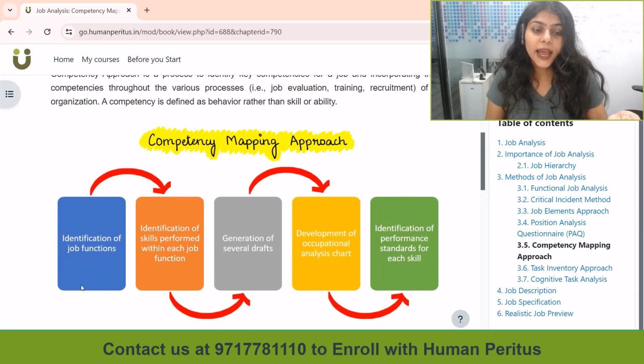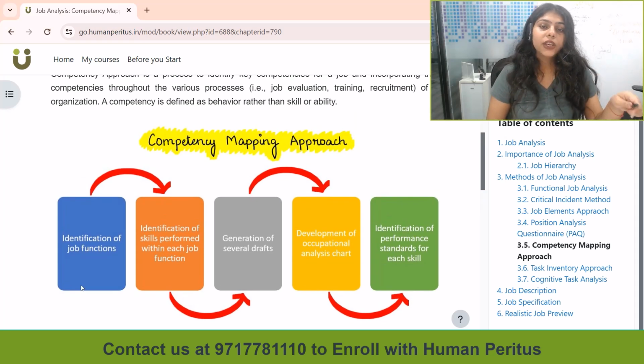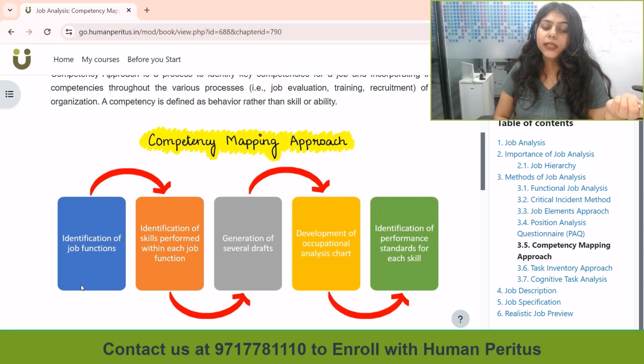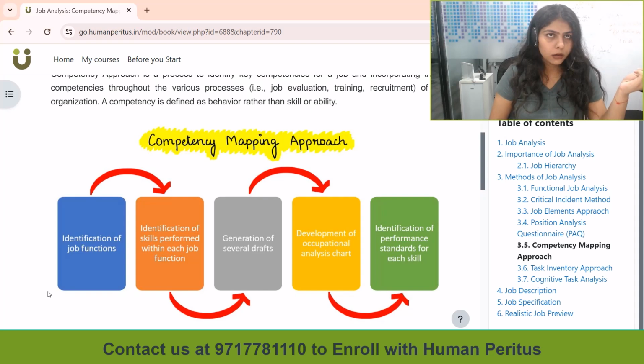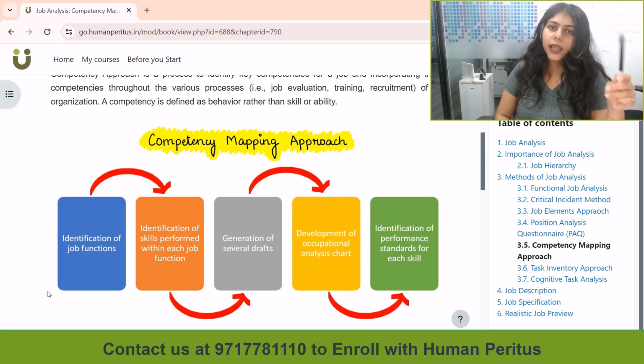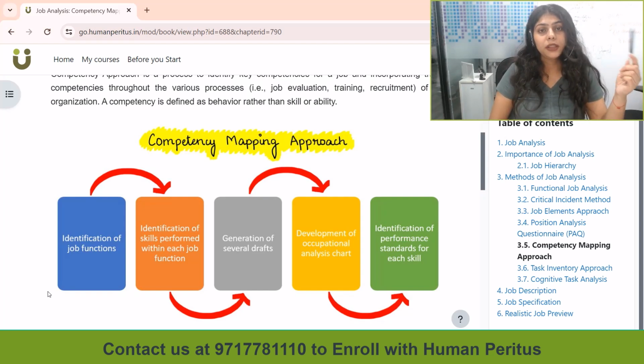Okay, from that we move on to identification of skills performed within each job function. So now that we've jotted down the job functions, let's say if again I am a customer service representative, two of my job functions would be, one, to take calls, and second, to make reports on my daily progress.